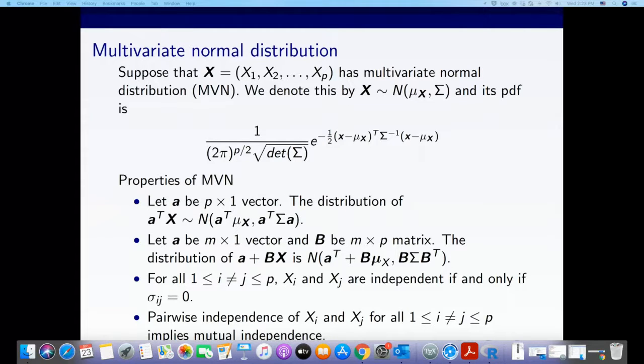Multivariate analysis is the case where we have multiple responses and multiple predictors. In this course, we only talk about a single response and multiple predictors. But for the partial correlation, we generally assume the multivariate normal distribution. I'm just mentioning it because of that.